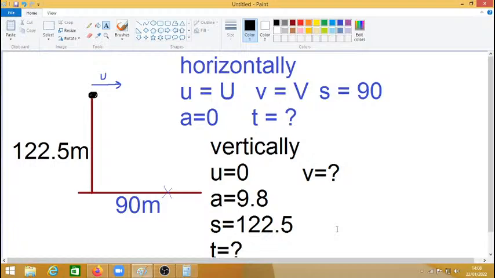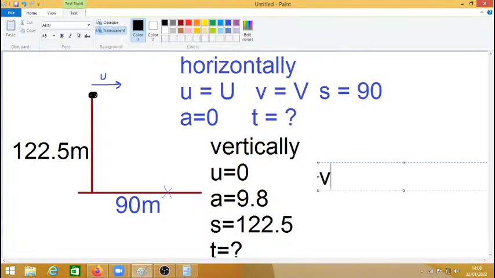Okay, so maybe there is enough to be able to work out time here, which we could then use in the horizontal section and be able to work out something more. So let's see if we can work out time. We need a formula that's got u, a, s and time in, and that's the one that we haven't used yet.